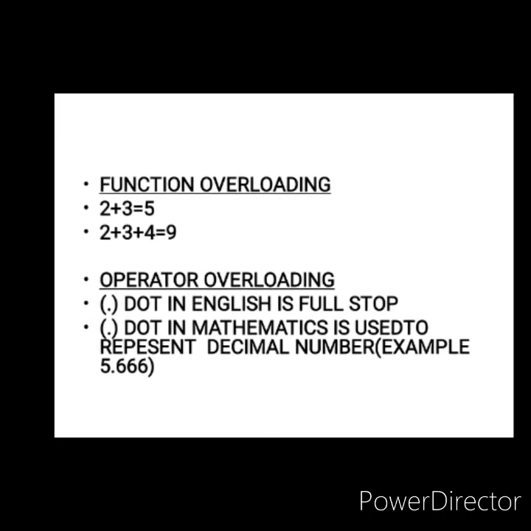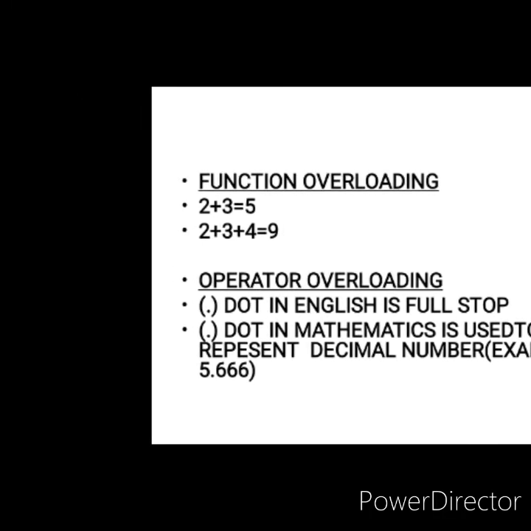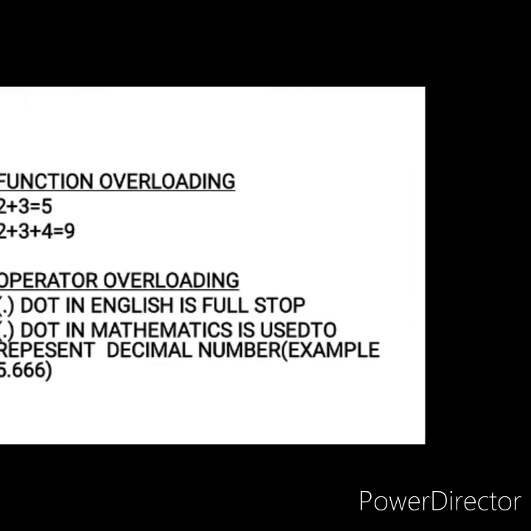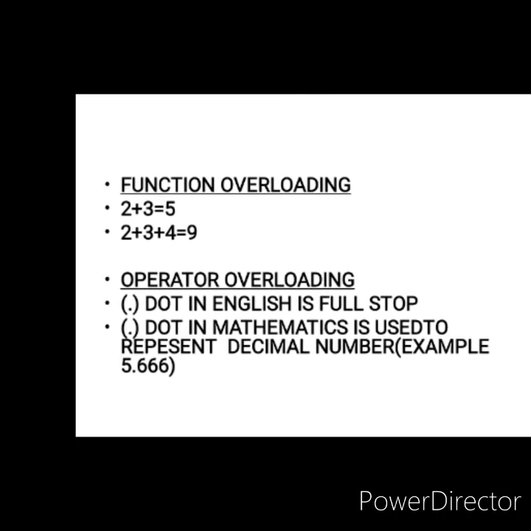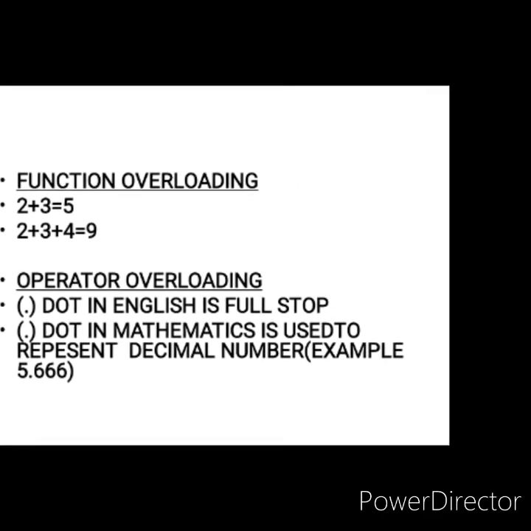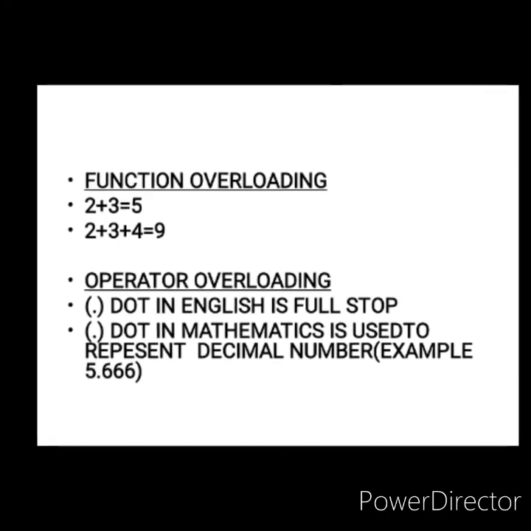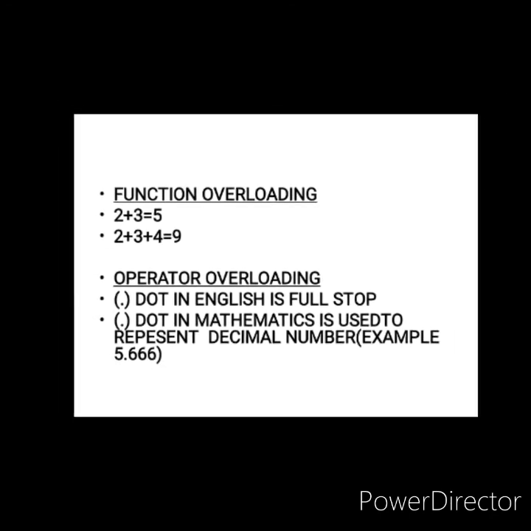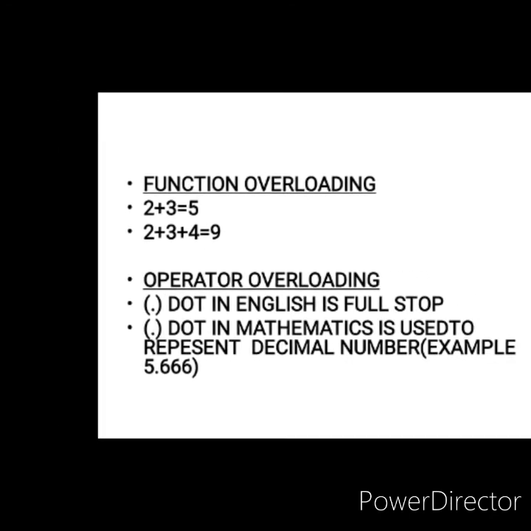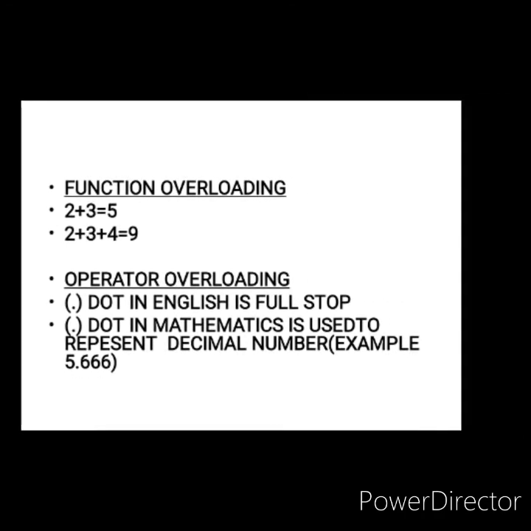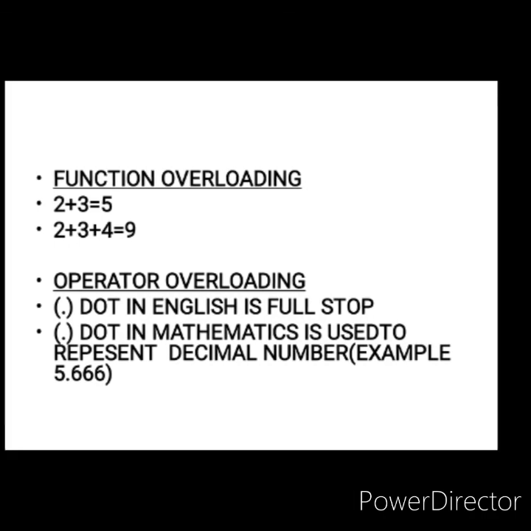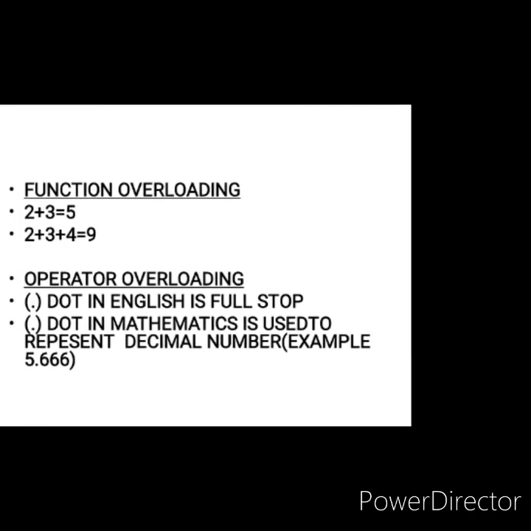If it is used in the English language, it is considered a full stop. If it is used in mathematics, it can be considered a decimal point. So in both cases the operator is the dot, but in English it is a full stop, whereas in mathematics it is a decimal point. This is called operator overloading.